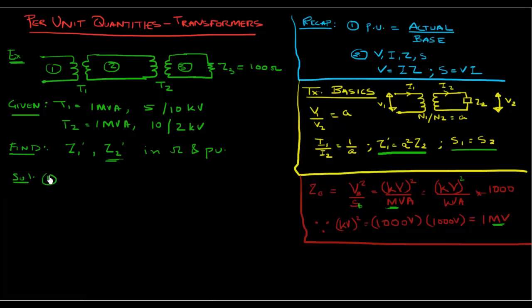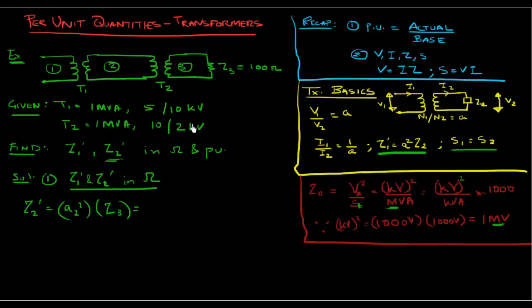Let's first find Z1 prime and Z2 prime in ohms. That should be easy to do. We know what Z3 is, and we know this formula right here. So going by that, Z2 prime is nothing but A2 square times Z3. Now what is A2 square? A2 square is nothing but the ratio here.